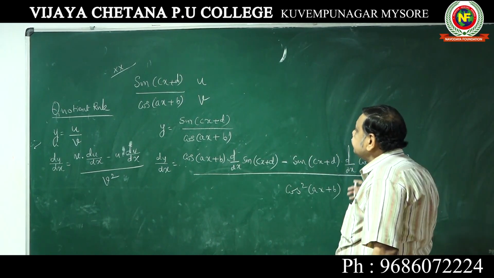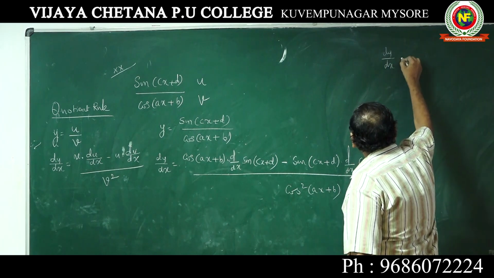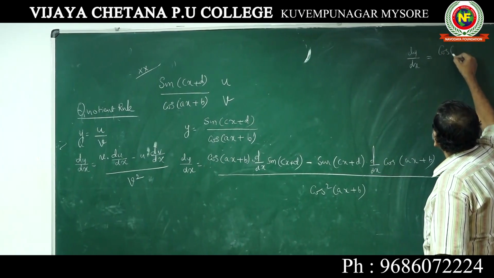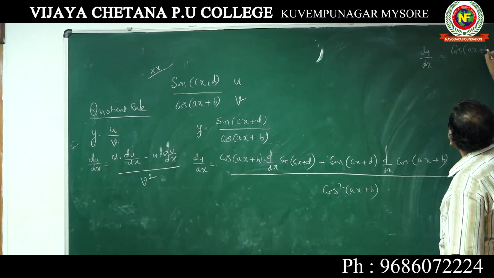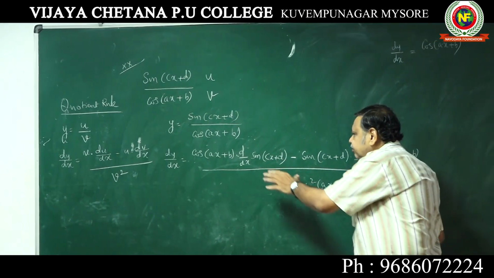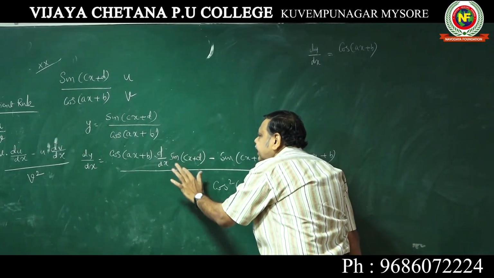Now dy by dx is equal to cos(ax + b) into d by dx of sin(cx + d). You know the differentiation: sin x differentiation is cos x into d by dx of this.